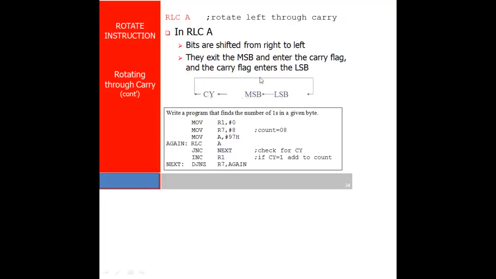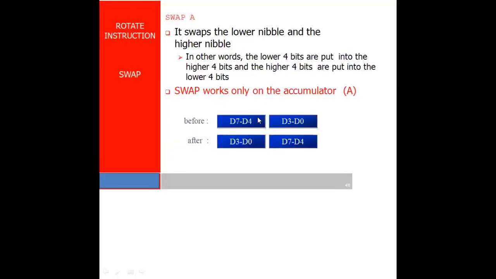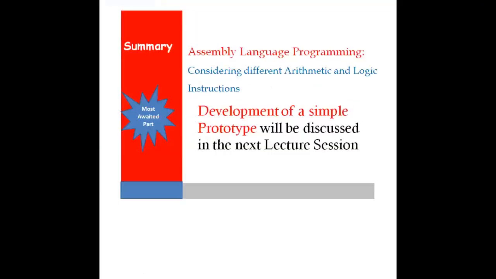In this way it rotates the bits of the accumulator 1 by 1 through the carry. Now another instruction is the swap instruction. The swap instruction is executed on the accumulator only, so we can write SWAP A. After execution of this instruction, D3 to D0 will be placed in the higher nibble, and in the lower nibble we shall find the bits D7 to D4. So it is only exchanging their positions.